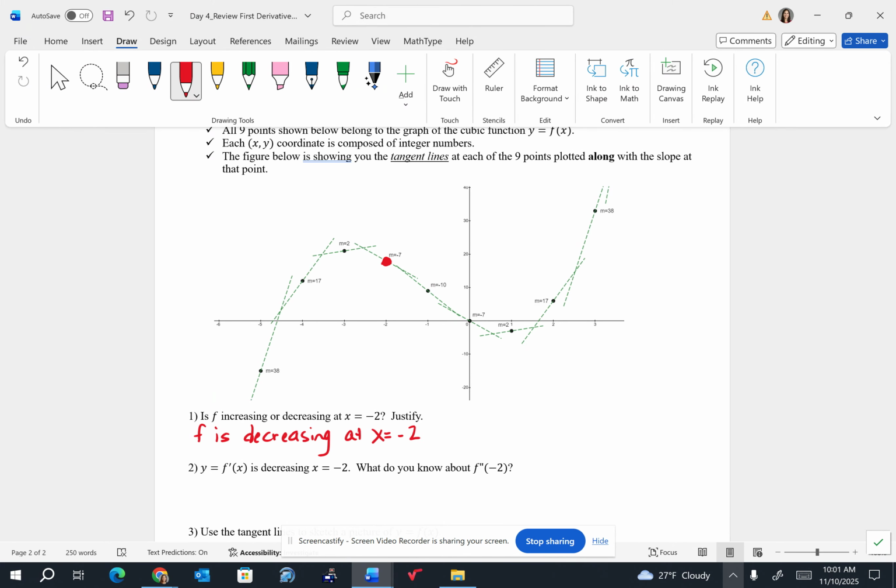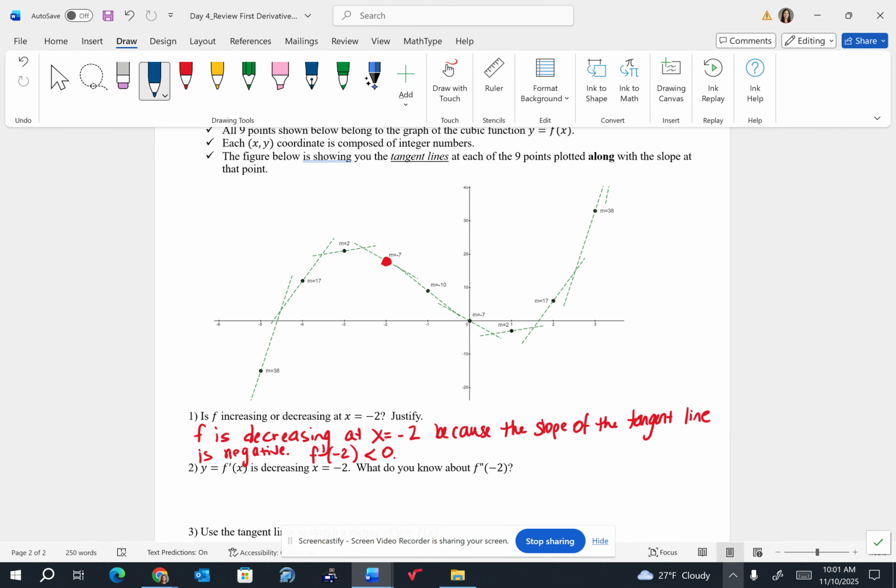Here's where the justification part comes in again, because the slope of the tangent line is negative. Or if we want to use our calculus notation, we could also say because f prime of negative 2 is less than 0.